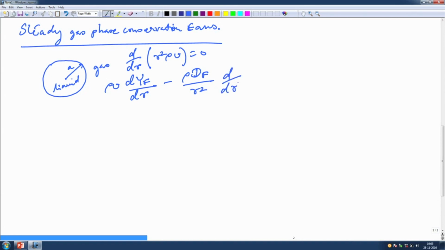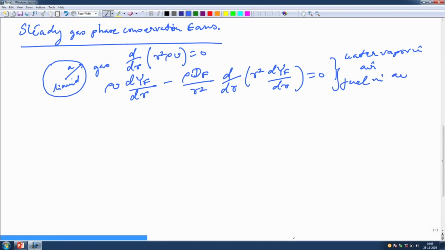The notations are a little bit different because we are writing it in the spherical system. This is like, for example, water vapor in air, or fuel in air if you are considering combustion of droplets, and YF is basically the evaporating species.